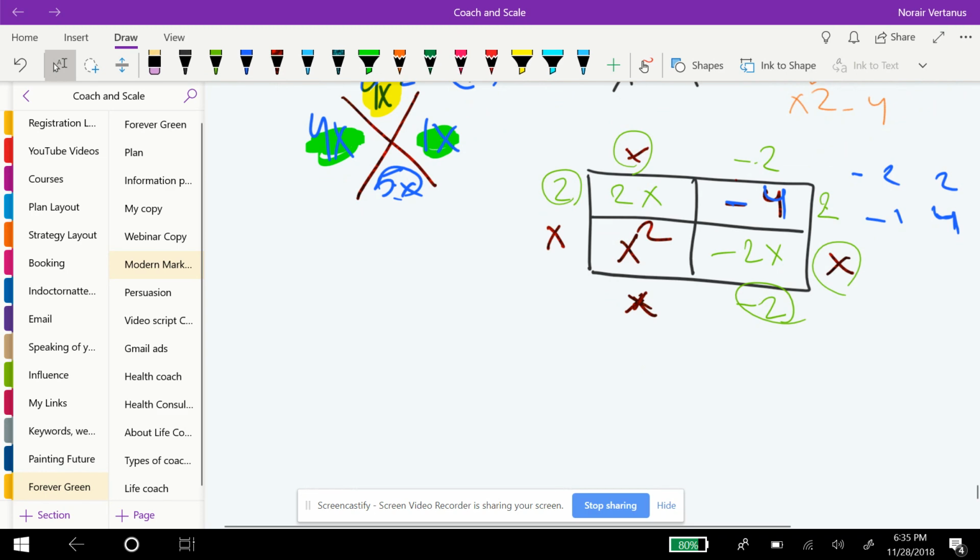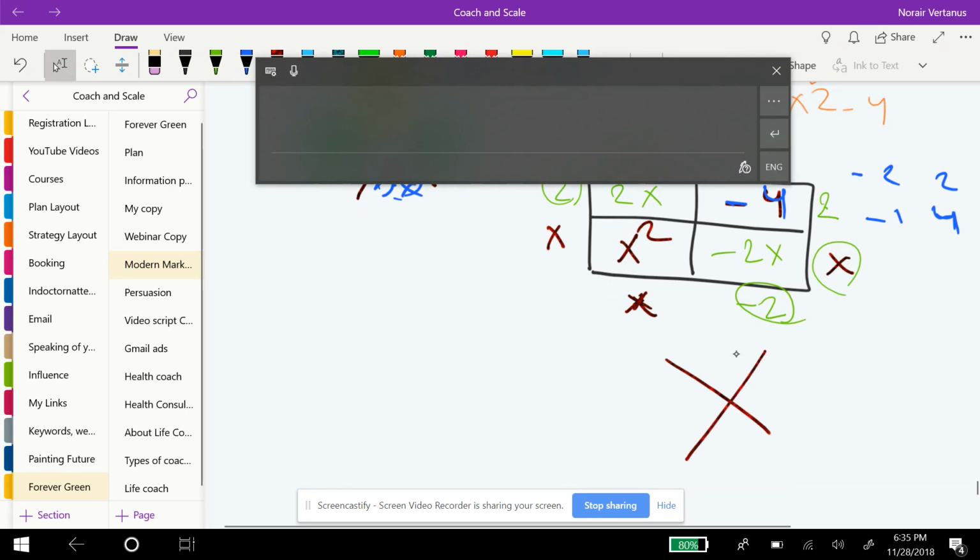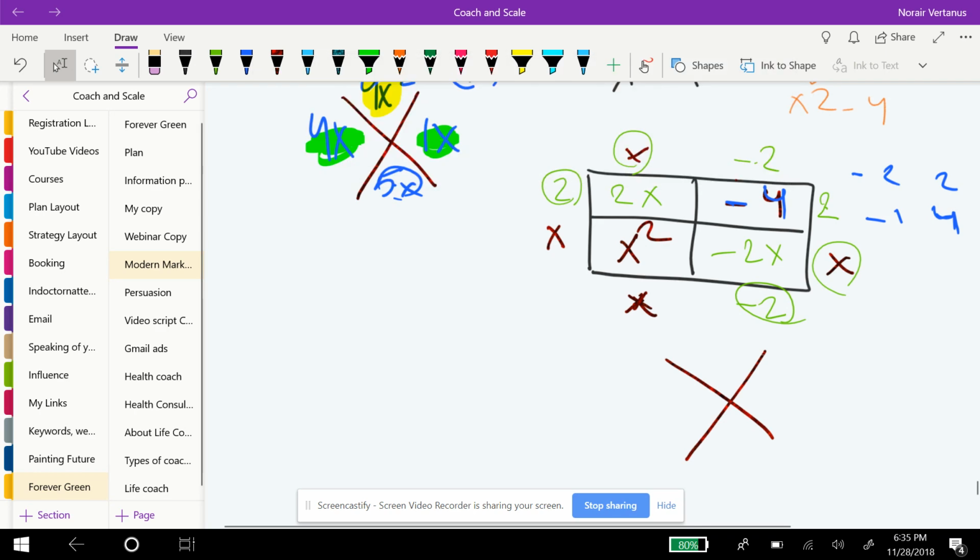So let's do the diamond method to verify, to see if we get the middle term bx. These two are going to go there, which is negative 4x squared.